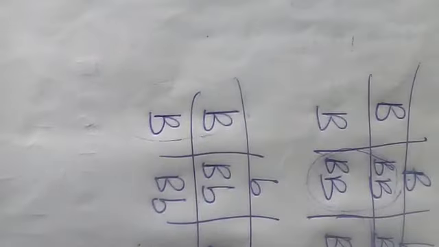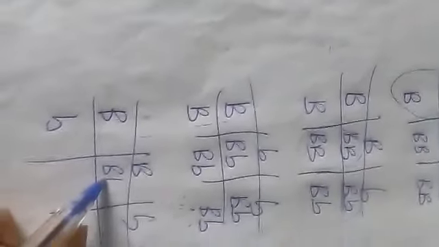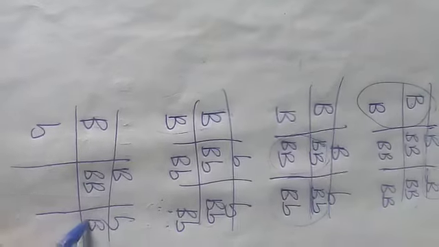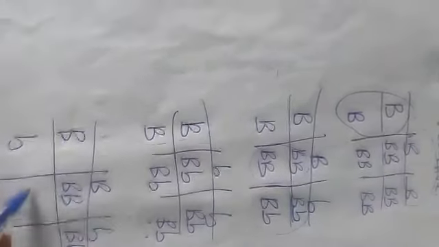Heterozygous crossed with heterozygous: you get capital B capital B, then capital B small b, then capital B small b, and small b small b.